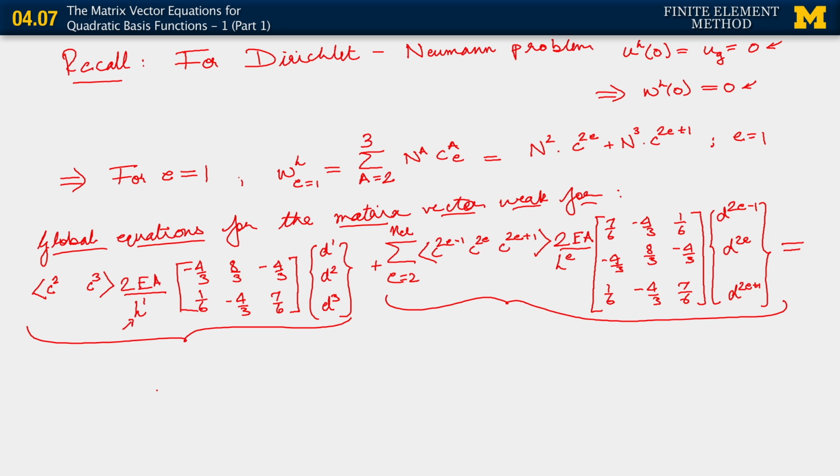Again, the same thing happens with the forcing function contribution. For the C vector for the forcing function contribution, we get C2, C3. The contribution here is F A h1 over 2, and it multiplies a vector which is just 4 over 3 and 1 over 3.